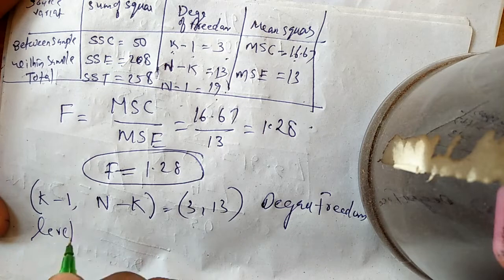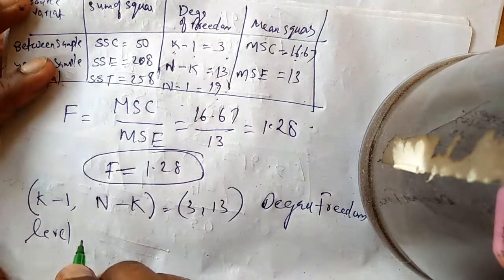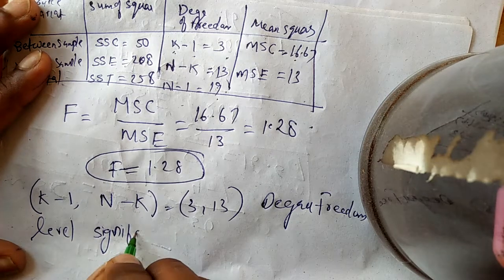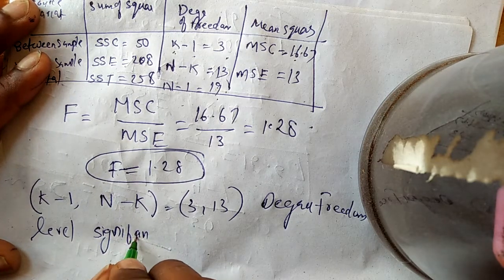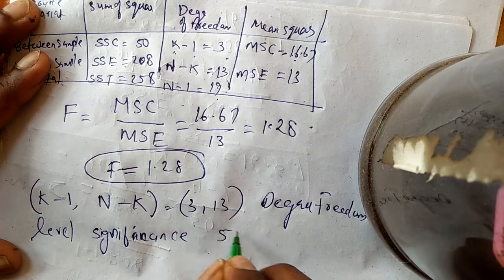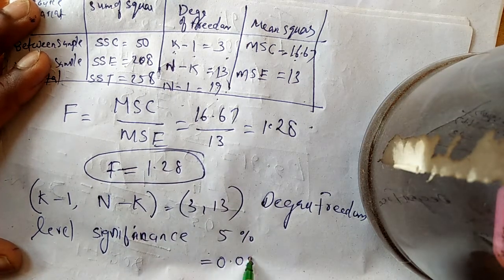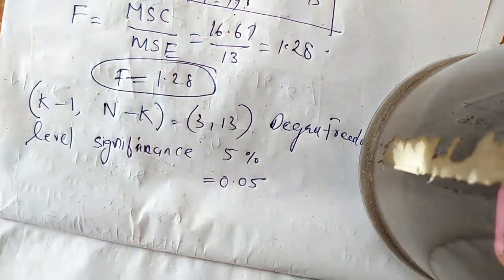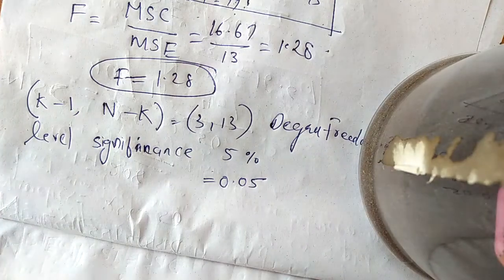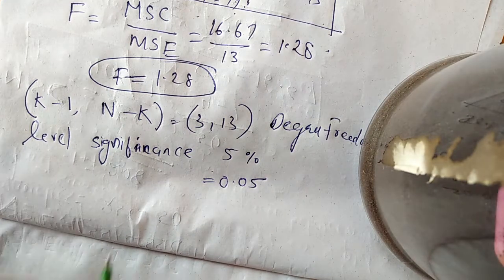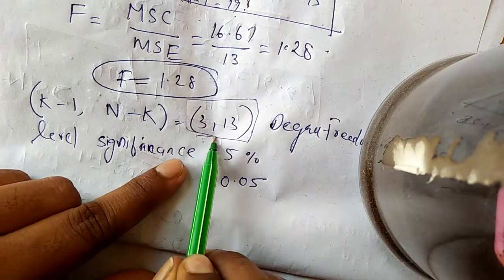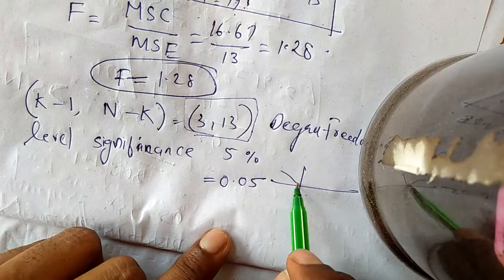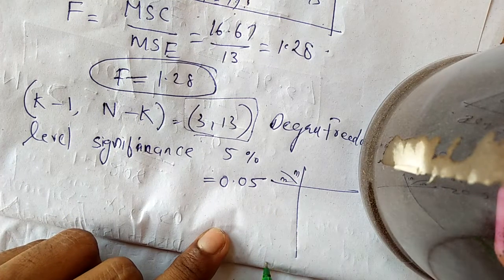Level of significance is not given in this problem, so we take level of significance 5%, that is 0.05. So you take the F table, the statistical table, and the F table page, and you get the degrees of freedom N1 is 3 and N2 is 13 corresponding to that.